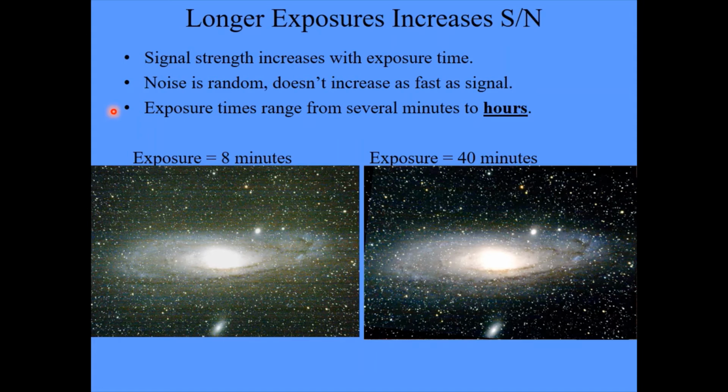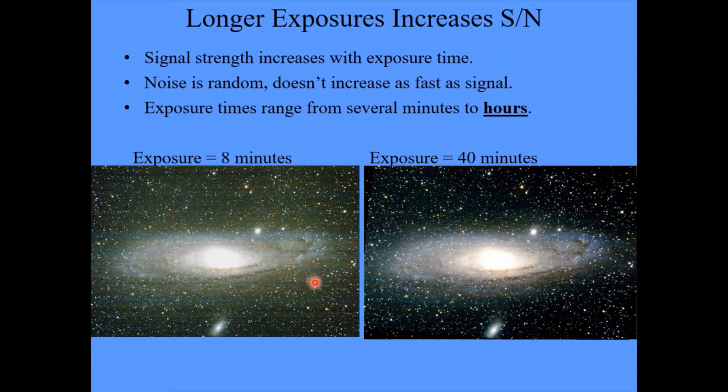When astronomers take exposures at night, the exposure times range from several minutes to several hours. So look at these pictures here. These are two pictures that I took of our nearby neighbor, the Andromeda Galaxy. This picture on the left has an exposure of 8 minutes, which sounds like a lot, but it's not in astronomy. So notice the picture here has a bunch of artifacts.